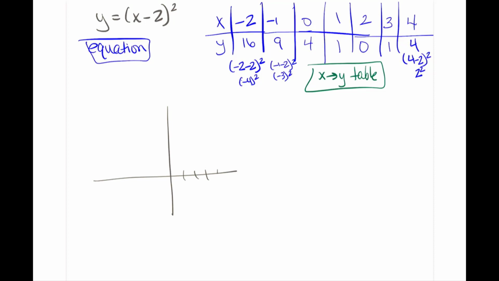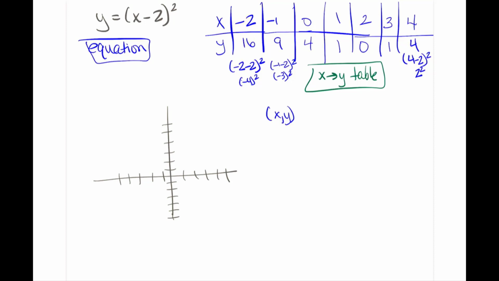So when I look at our table, our XY values are coordinate points. A coordinate point is an XY value. So I can go through and come up with all of these XY values off of my table. My first point, my x value would be -2 and my y value would be 16.